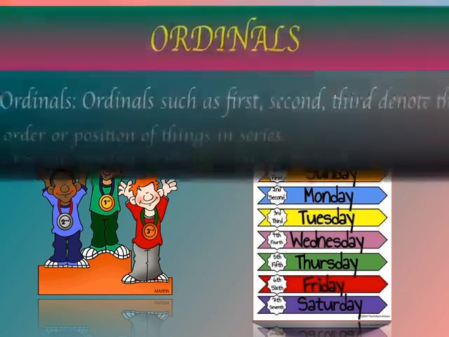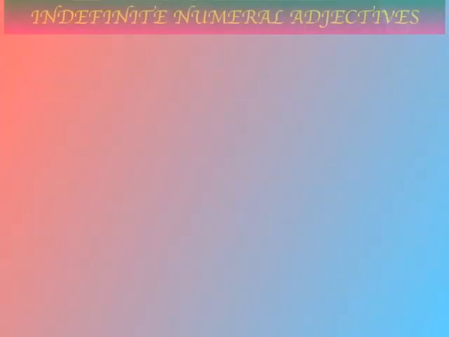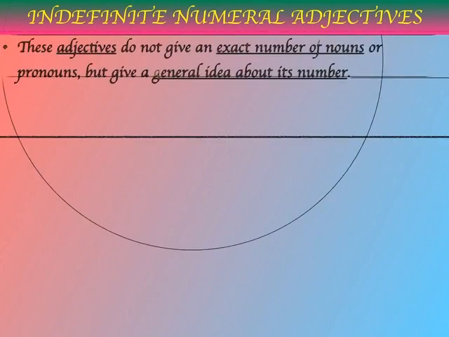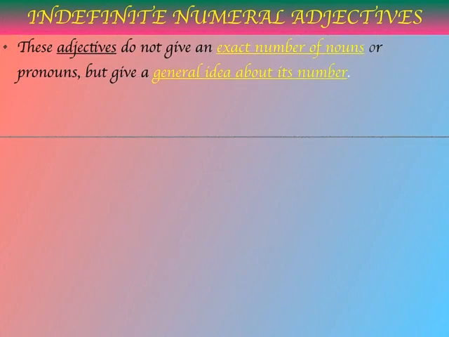Now let's move on towards our second type of adjectives of number, that is indefinite numeral adjectives. These adjectives do not give an exact number of nouns or pronouns but give a general idea about its number.